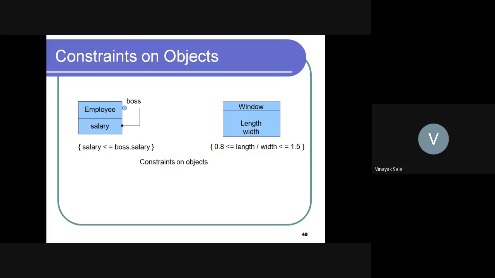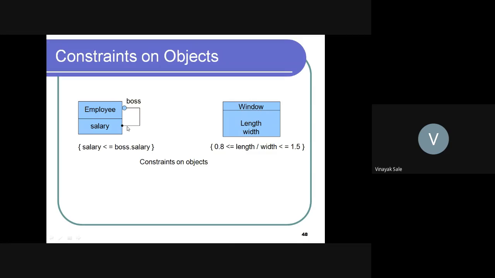In the left side figure there is employee and salary. Employee is the name of the class and salary is its attribute. Then there is a constraint or relationship attribute with the class.